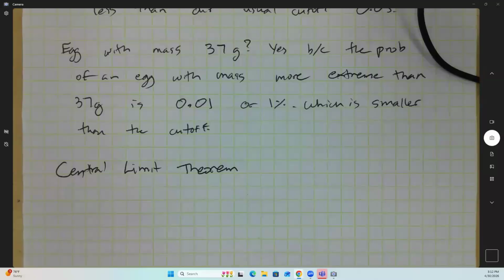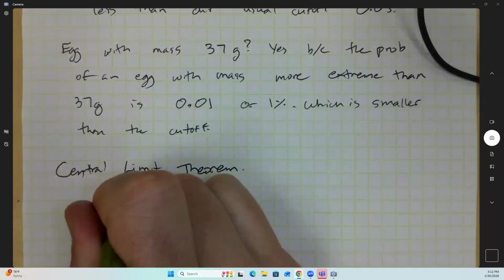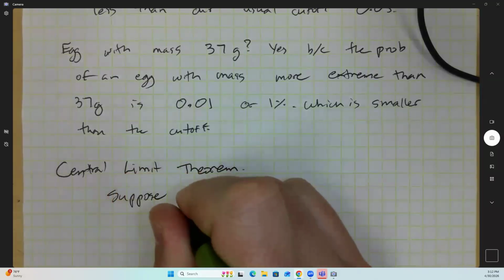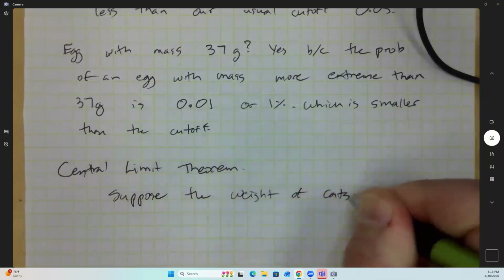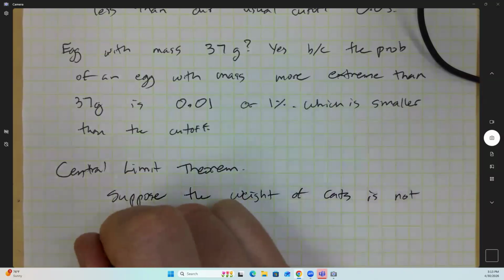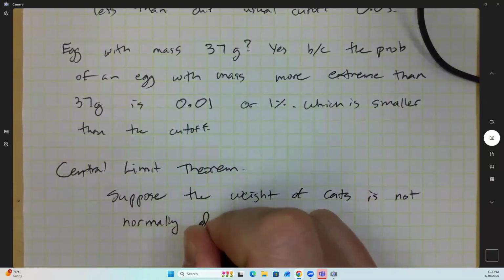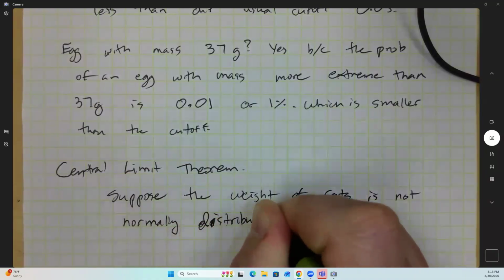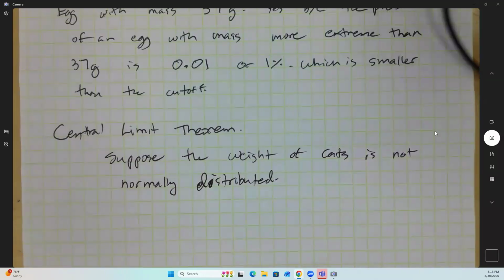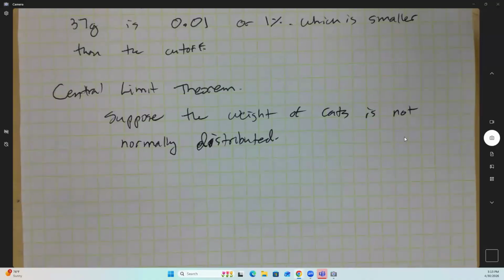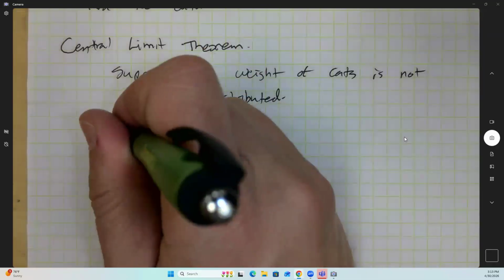Let's start with a picture. Suppose the weight of cats is not normally distributed. That's actually a bad assumption. It probably is normally distributed, but I'm going to use cats for the example. We can still model the weights with a probability distribution.